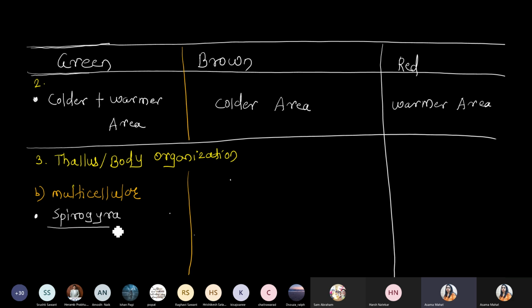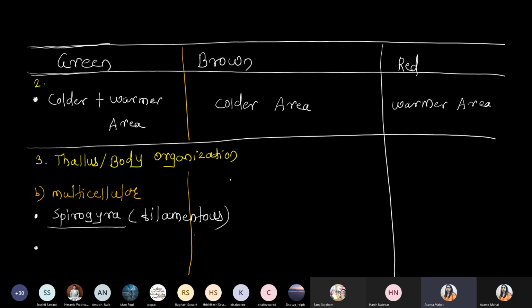These are the multicellular green algae, and I just want to tell you one thing, these have filamentous structure. Multicellular hai, and its structure will be filamentous. We discussed Spirogyra in detail at the end of algae. So one example, that is Spirogyra, having the filamentous multicellular body structure.